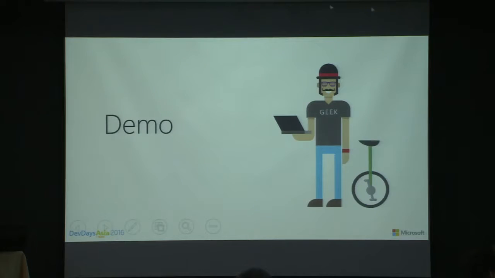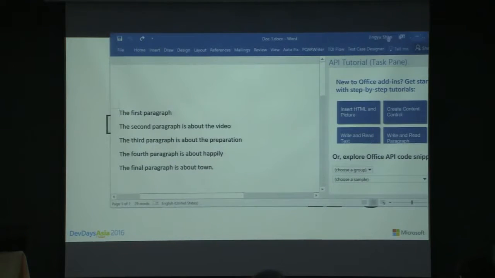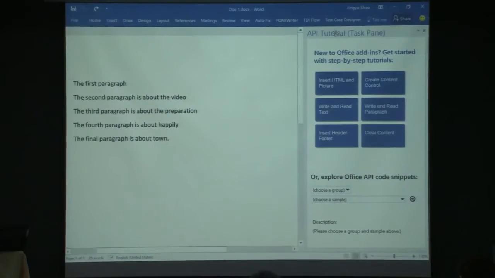So this is for Excel, and similarly, we have that for other Office hosts as well. So let me show you how it works in Word. This is a pre-created Word document for me, just for demo purposes. And we have the Word-related scenarios with that. They are different from Excel, of course, because the Word function is different.